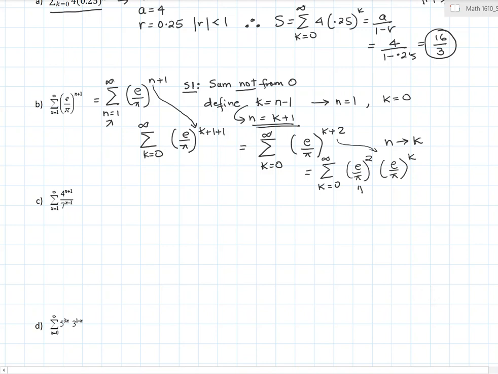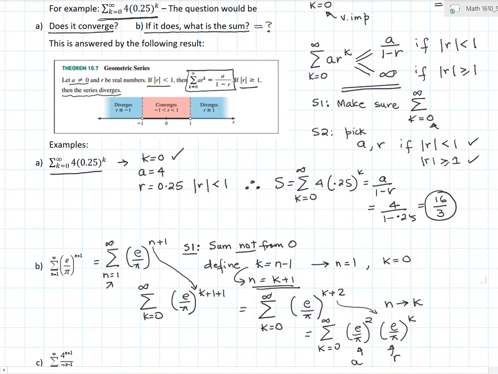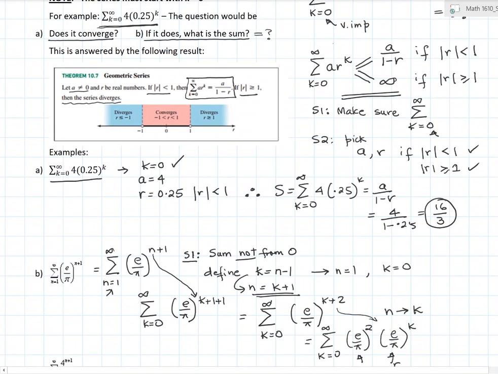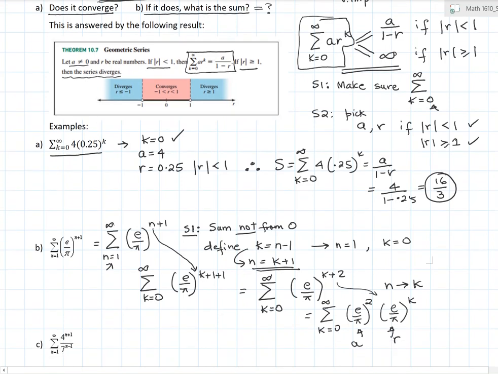So now this must be my a and this must be my r. Remember, let me remind you, a geometric series must look like this to be able to choose a and r.